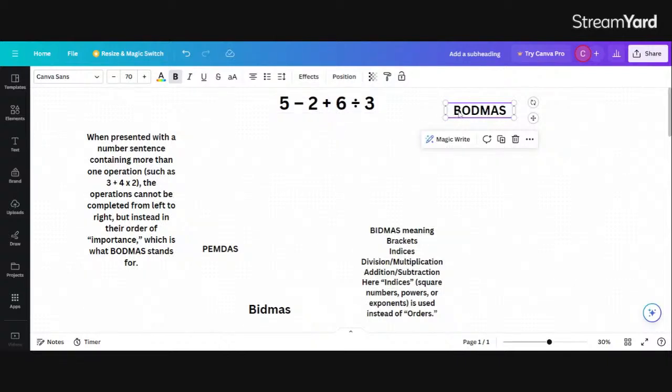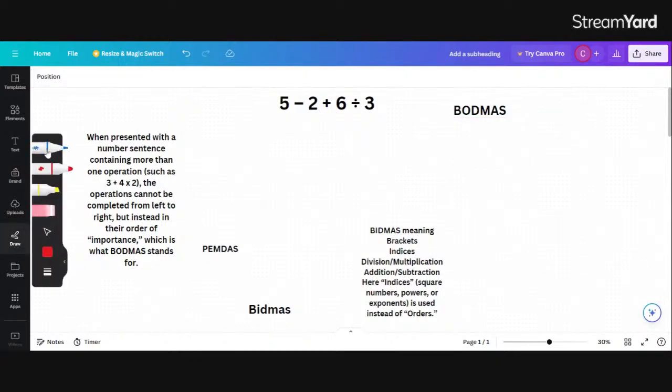We don't have brackets, we don't have orders. What about division? We have division. So we go for division first, and that will be 6 divided by 3. 6 divided by 3 is what? 2. Okay? 2.